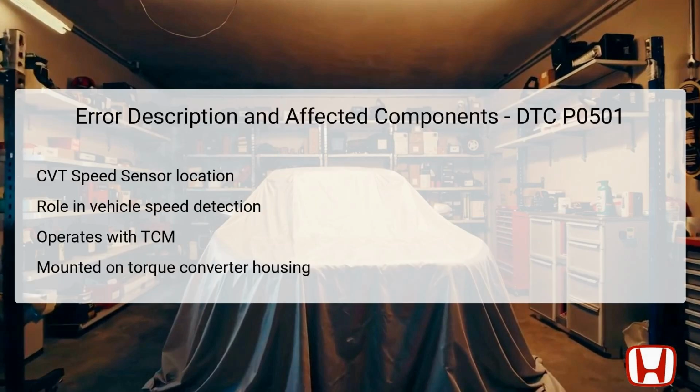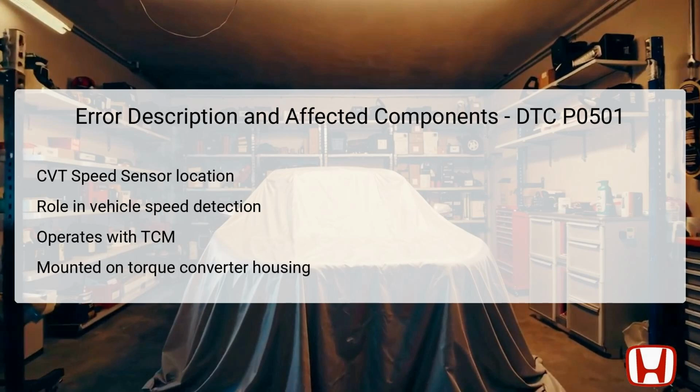The error related to DTC P0501 revolves around the CVT speed sensor, which is crucial for measuring the vehicle's speed. This sensor is situated on the external side of the torque converter housing, adjacent to the transmission system. Its primary function is to detect the number of revolutions of the secondary driven gear, transforming this rotational data into a pulsing signal.